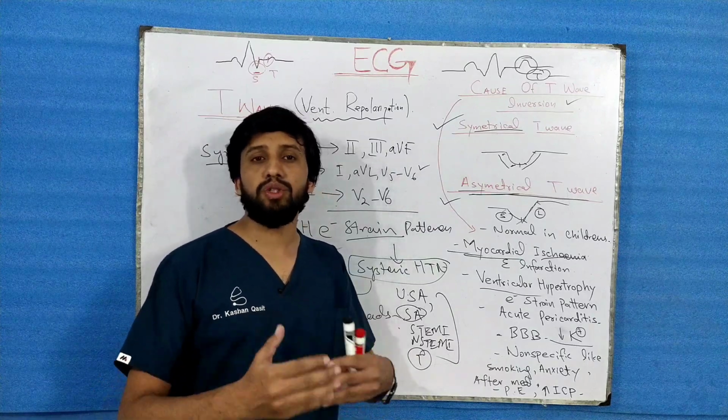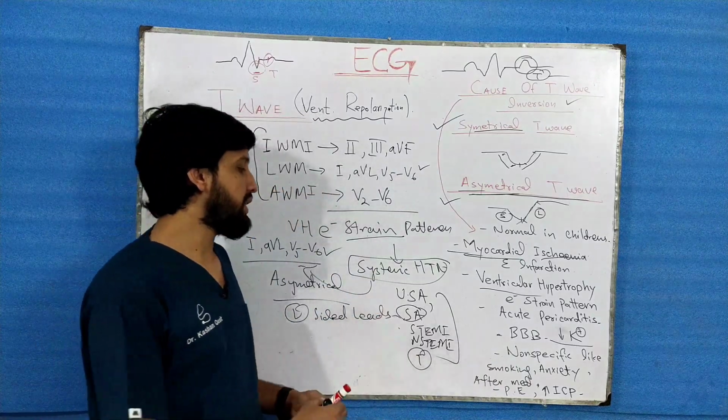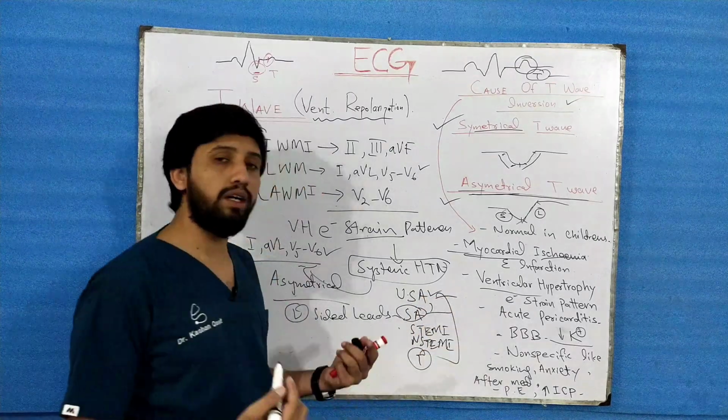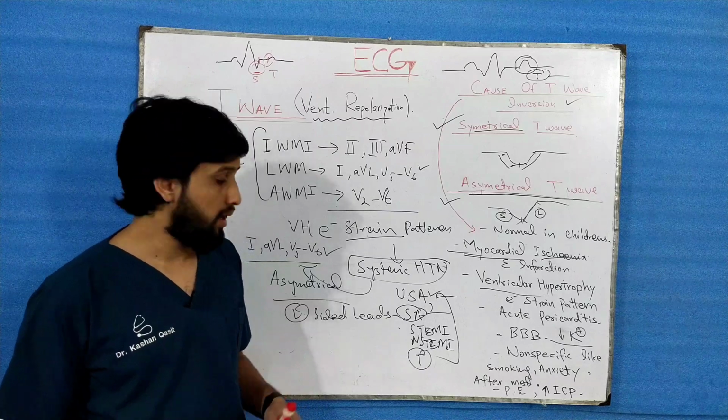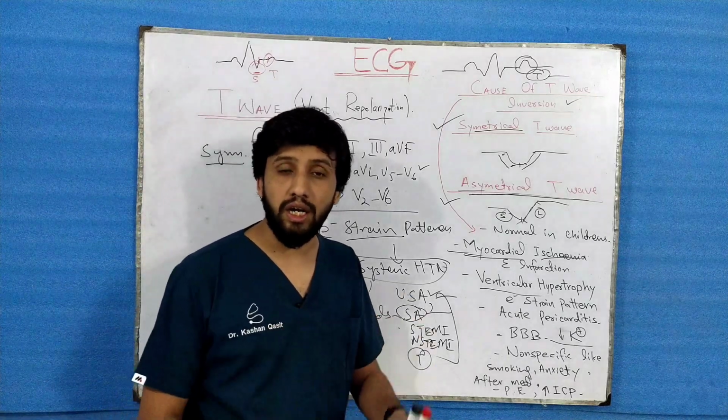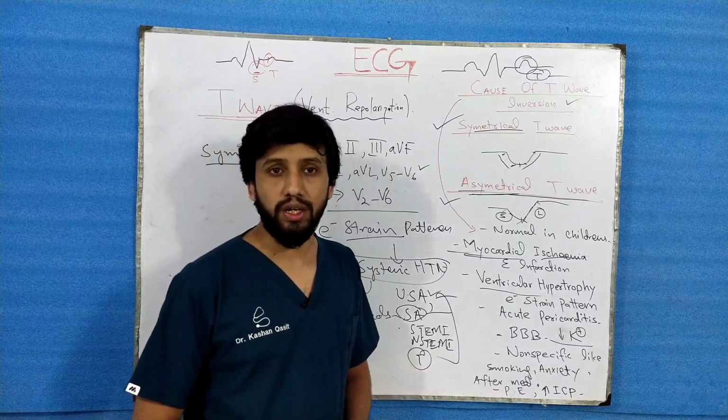When the chest pain lasts more than 15 minutes, you will say that the patient is having unstable angina, and in both conditions you will notice the T wave inversions. In unstable angina, when you go for the cardiac biomarkers, they will also be negative.